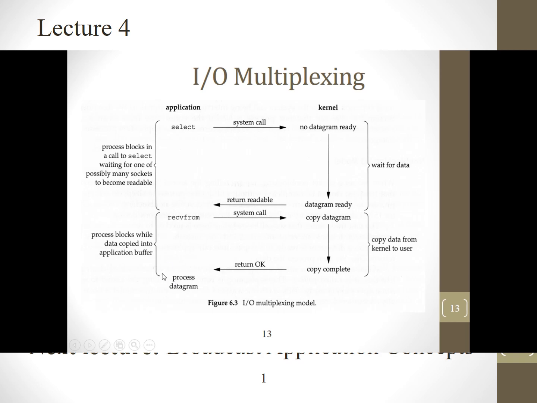Here also the process blocks while data is copied into the application buffer. We need to keep in mind that by calling two system calls instead of one, we put the process into block two times: the process blocks in the call to select, and the process blocks while the datagram is copied. That is why we call it the I/O multiplexing model.